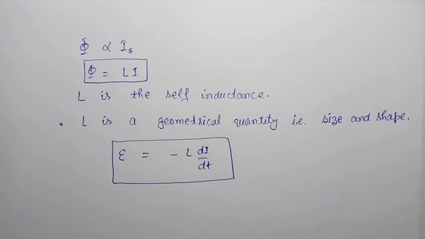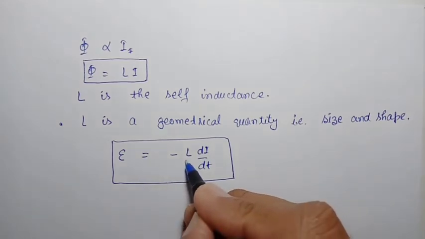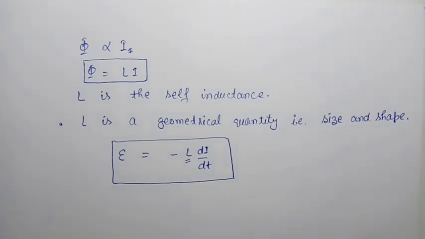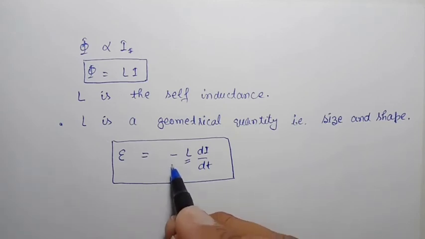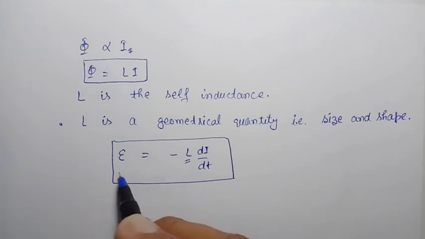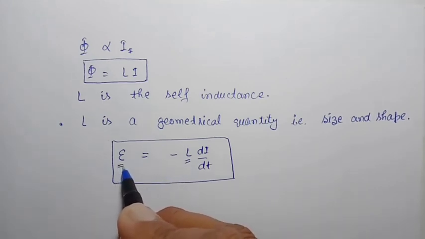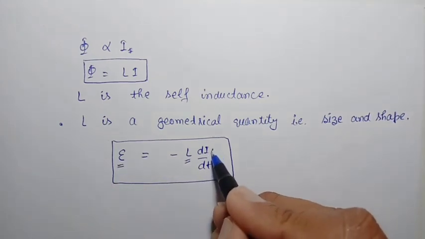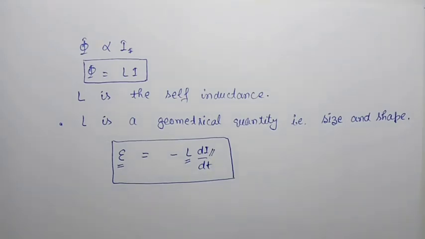Whether we have a mutual inductance or a self inductance, intrinsically these are positive quantities, but the negative sign shows that this induced EMF opposes the change in current.